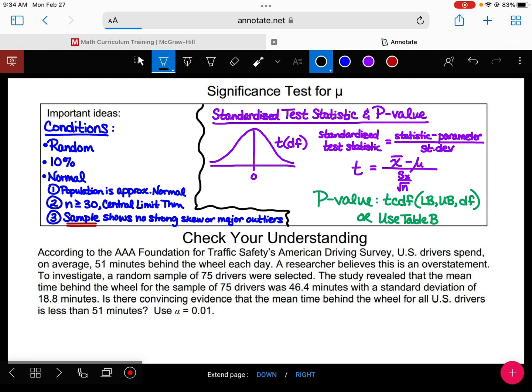We didn't talk about this yet, but what would be the name for the procedure that we just used? One sample t-test for mu, yes. Thank you. It would be a one sample t-test for mu.